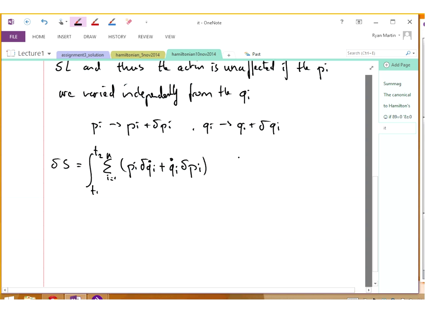Now the second term, which was the minus H, so I'm going to write again H, I'm going to break up the variation of H. So that's going to be the sum from i equals 1 to N. And so H depends on Pi Qi. So that gives us ∂H/∂Qi delta Qi plus ∂H/∂Pi delta Pi. And this whole thing is integrated with respect to t.